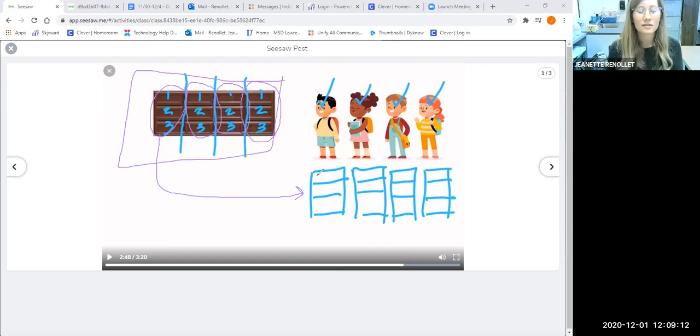So instead of dividing and counting by 1 in each group, we could count by 3s. If there are 4 groups, we could put 3 pieces of chocolate in this group, 3 pieces of chocolate in this group, 3 pieces in this group, and 3 in this group. We could skip count by 3s, counting up to the total amount of chocolate.